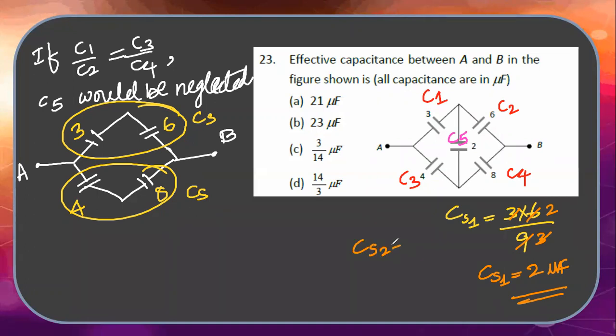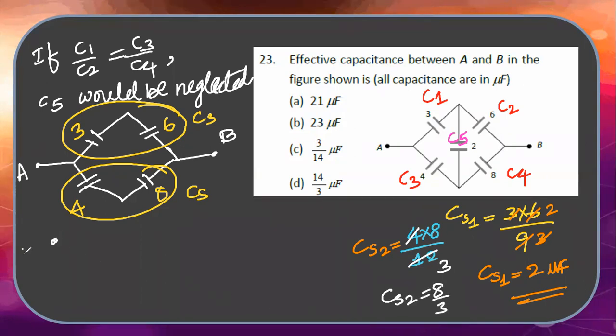Similarly CS2 is equal to 4 into 8 divided by 4 plus 8. 4 plus 8 is equal to 12. 4 cancels 3 times, so CS2 is equal to 8 by 3.